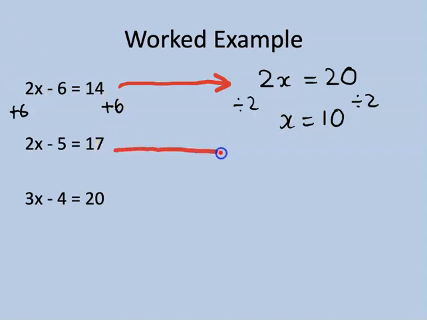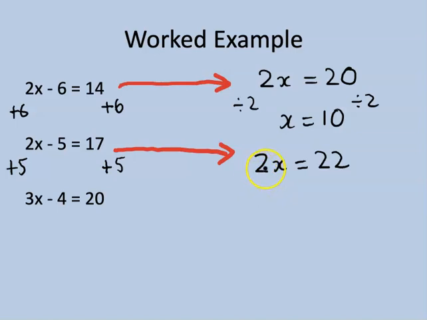On the second one here as well, the same process. I'm going to add on 5. 2x minus 5 plus 5 is 2x. 17 plus 5 is 22.